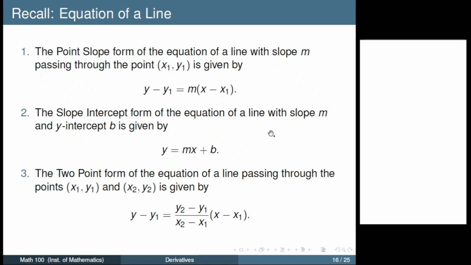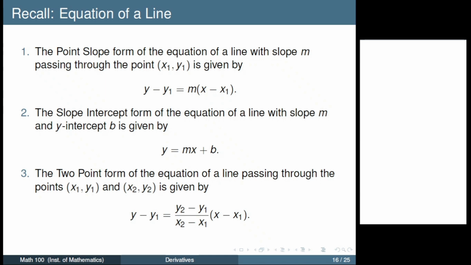Ngayon, pag given ka naman ng slope m at y-intercept b, so you use slope-intercept form, that is just equal to y equals mx plus b. So take note lang dito na this is specifically the y-intercept. Okay? So not just any intercept, but the y-intercept. And moreover, meron din tayong 2-point form.